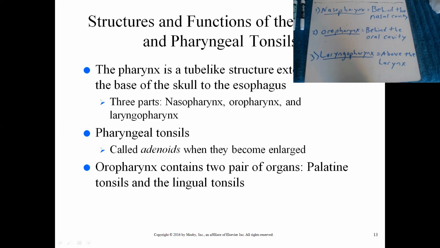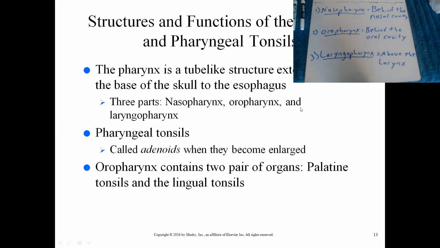There is, like all the other parts of the respiratory system, mucosa to make mucus. Aside from that, the only other major structures are the tonsils, which we talked about a bit already in Unit 1, Chapter, I think it was 31.